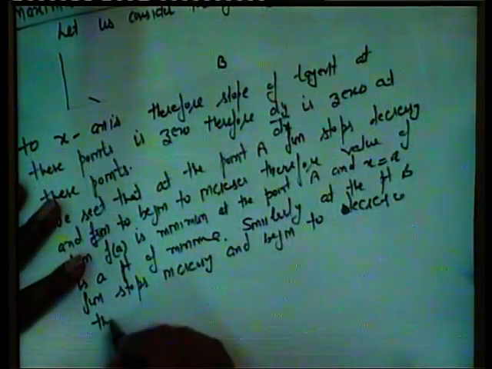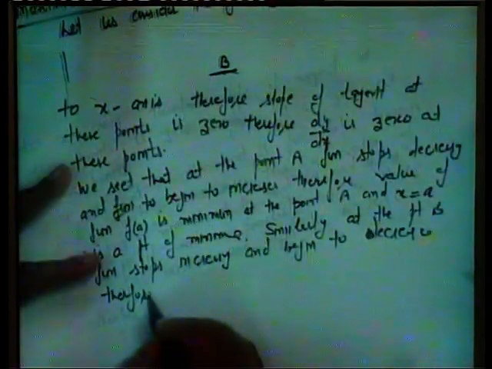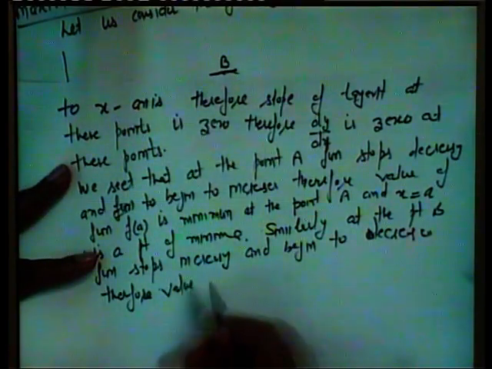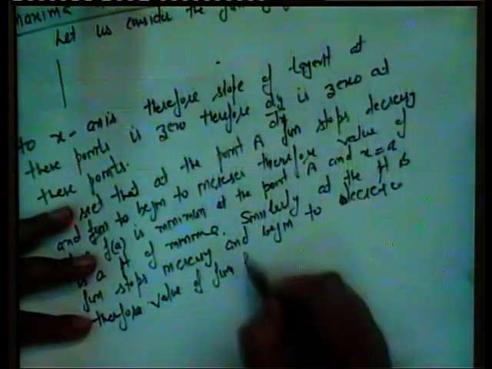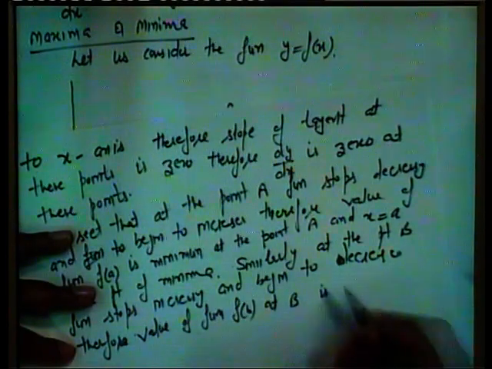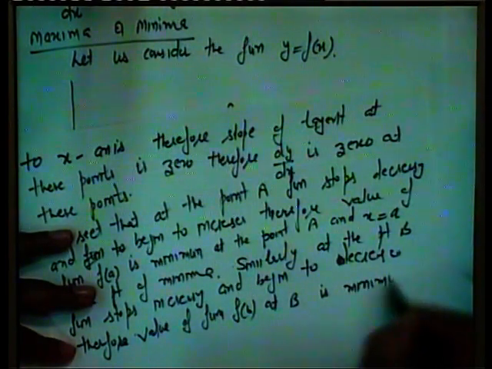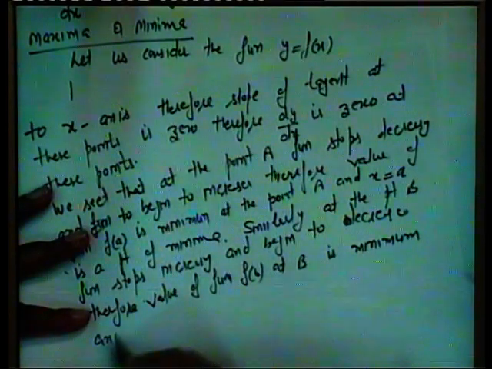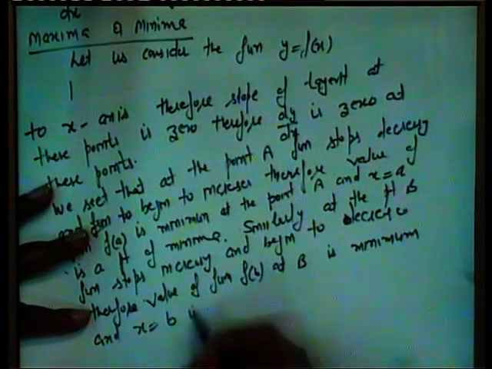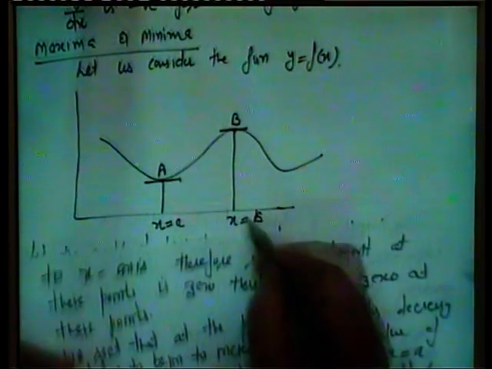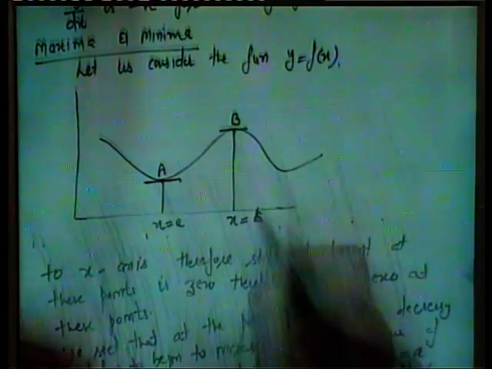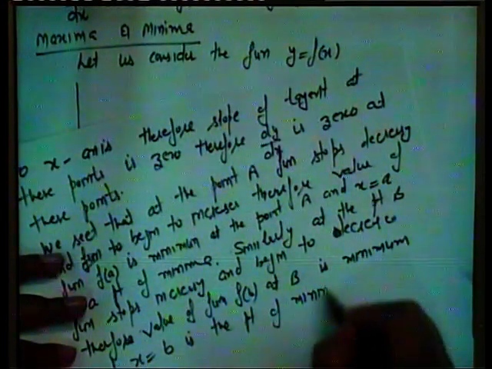Therefore, the value of the function f(b) at B is maximum, and x is equal to b is the point of maxima.